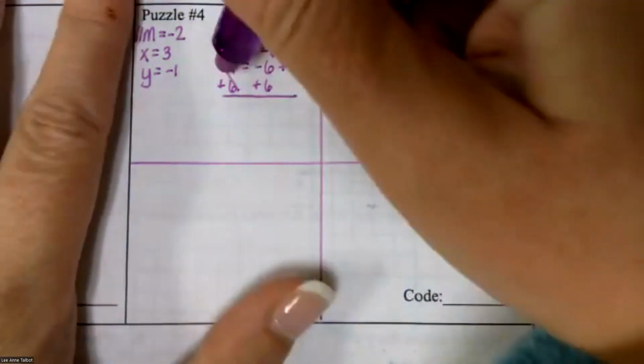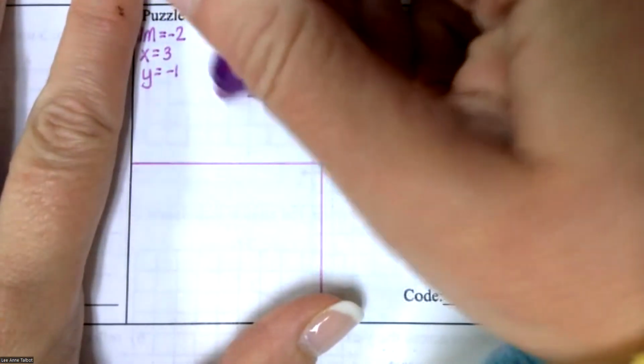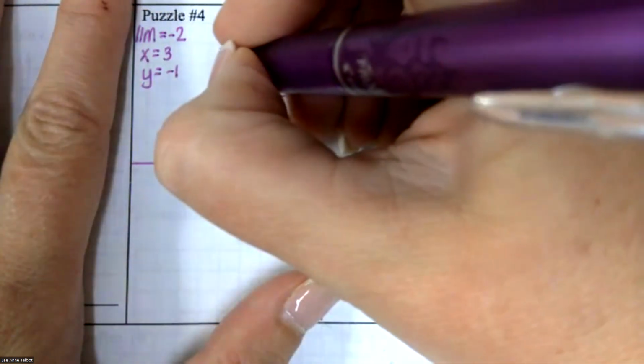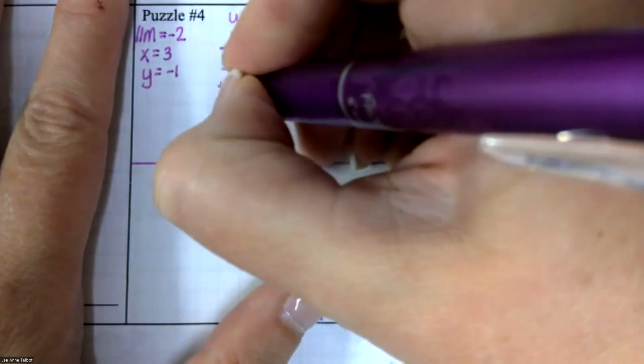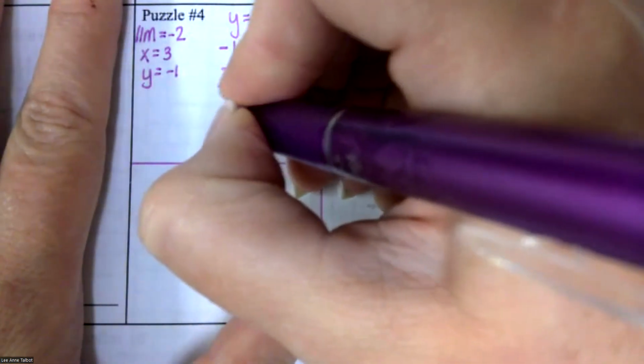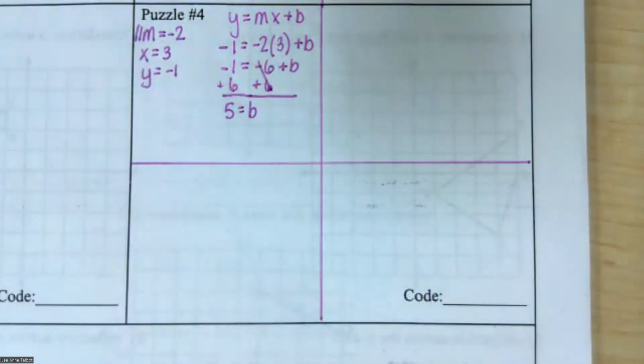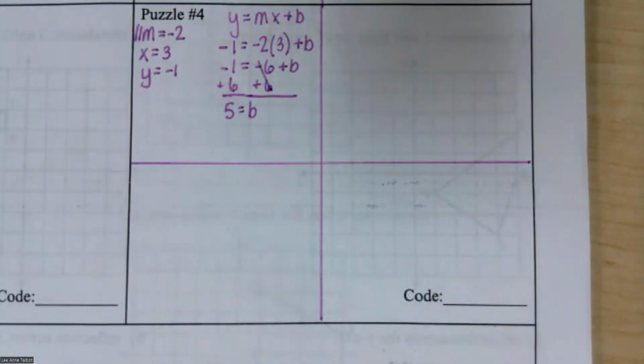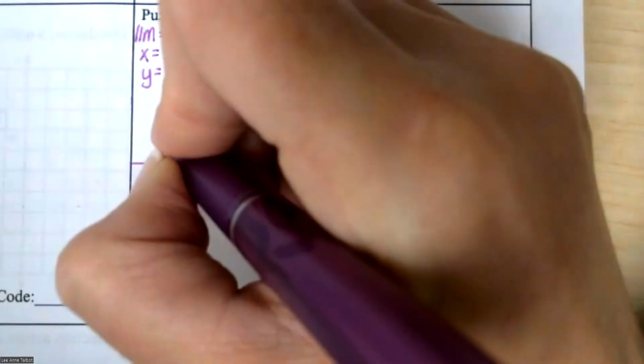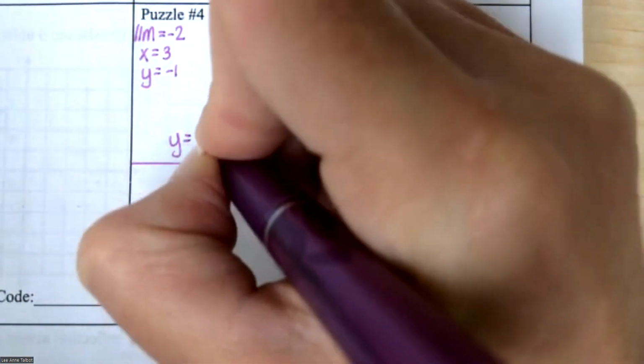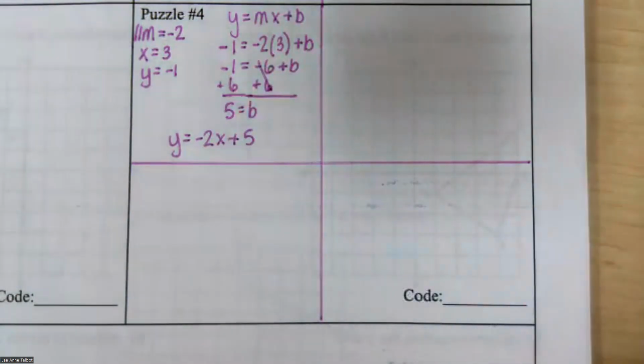Why did I cross that side out? This is why we live in a land of erasable pen. 5 equals b. Okay, so final answer for this would be y equals -2x plus 5.